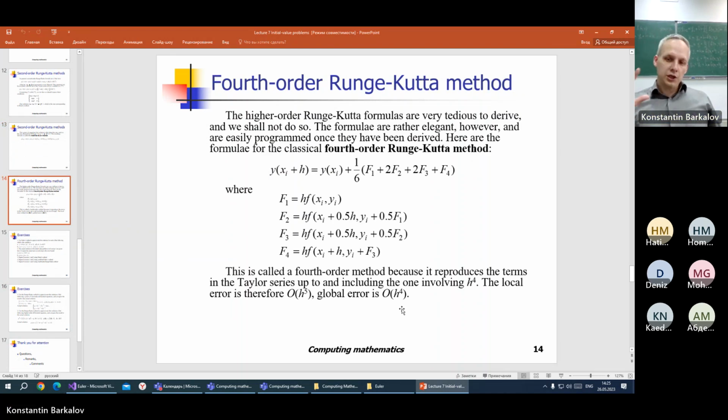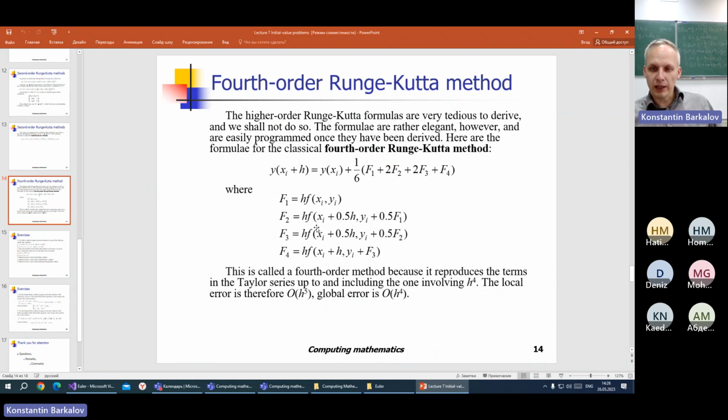Well, I show you just as an example an even more powerful method called the fourth order Runge-Kutta method. This is a classic formula, and it contains 4 steps. During these steps, we should compute the values f1, f2, f3, f4, and each of them is computed using the previous value. To compute f2, we use the value of f1.